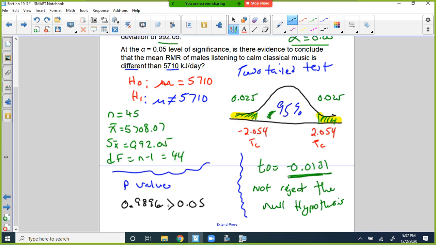But they require different components. The easiest one is just to compare the p-value against the alpha, right? You don't have to find critical T values or critical Z values, depending upon what you are doing. So again, that's my thoughts. Any questions about this?